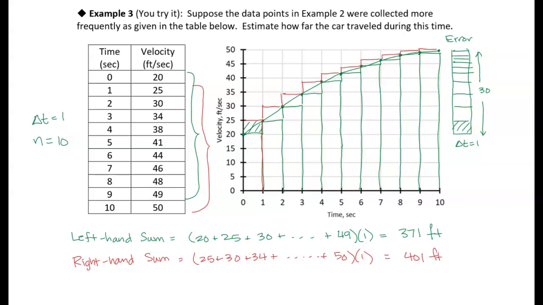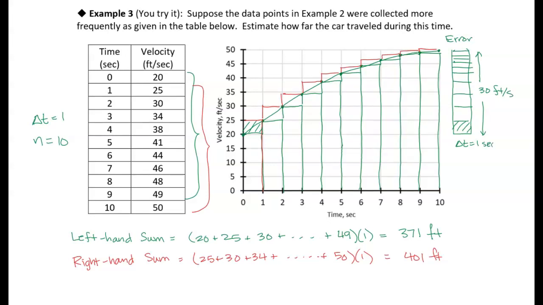Okay, so our error band, essentially the difference between the right and left-hand sums, is represented by this stack of rectangles. And the height of that stack is the difference between the maximum value at the last interval, this value of 50 at 10 seconds, and the first value at t0, right? So we have a difference here of basically 30 feet per second, okay, times 1 second, okay?